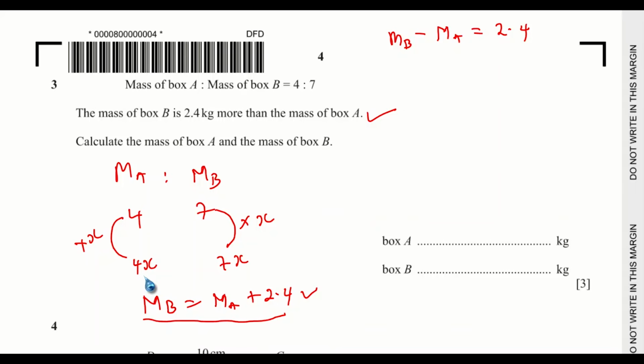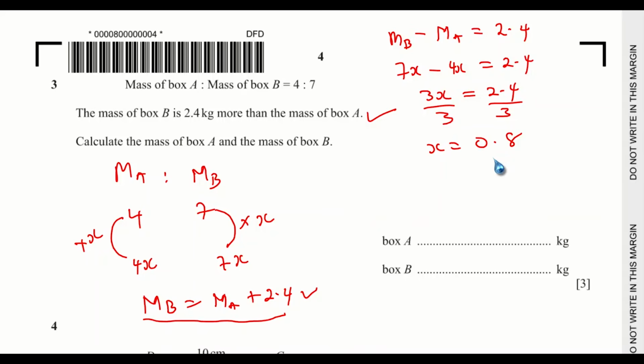The mass of box B is 7x, so we put 7x minus the mass of box A, which is 4x, equals 2.4. So this will be 3x equals 2.4. If you divide both sides by 3, we have the value of x to be 0.8.